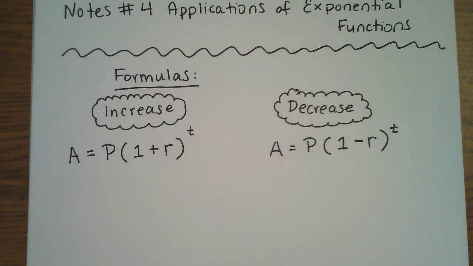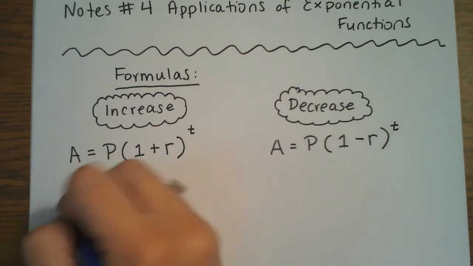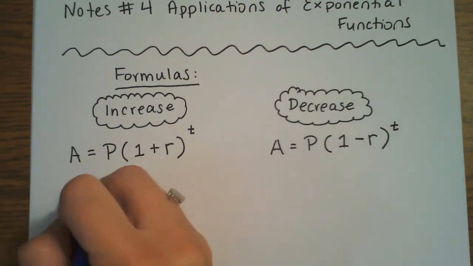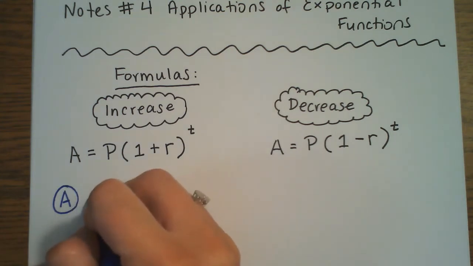All right, so let's talk about each of the variables that I've just listed. A represents the final amount.